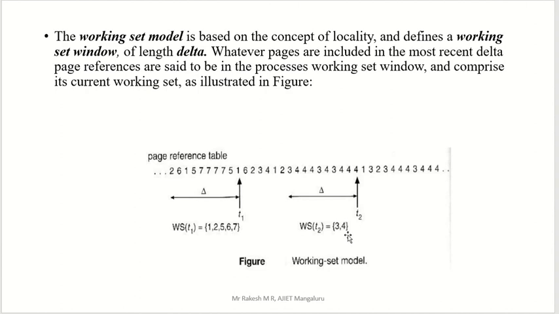So like this, initially we have to calculate. Again I will repeat: initially we have to calculate how many frames are required to store pages. By that we can reduce our page faults. If page faults decrease, then thrashing also decreases. In order to decrease thrashing, we are going for this concept, the working set model, that contains one window.